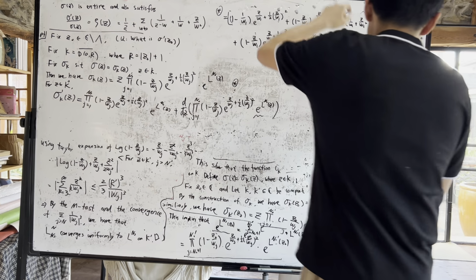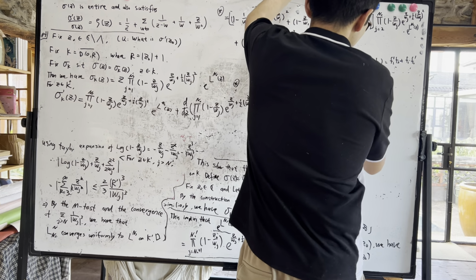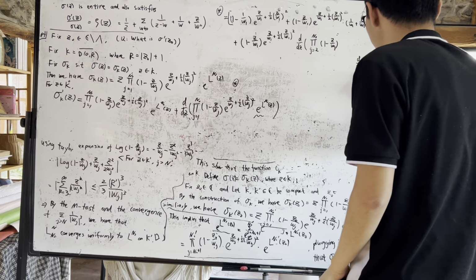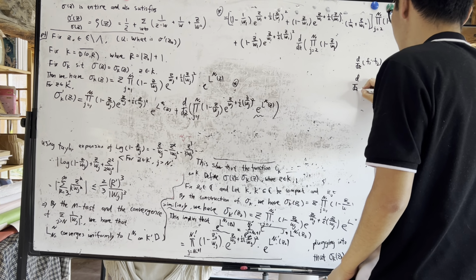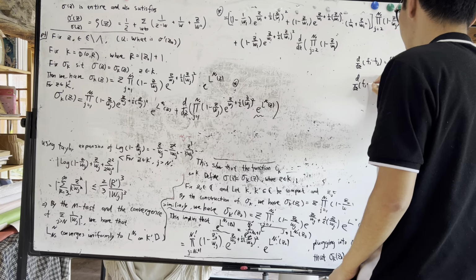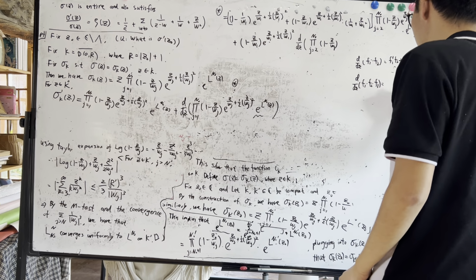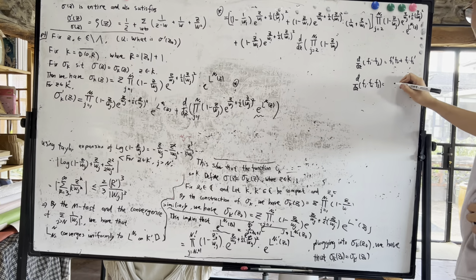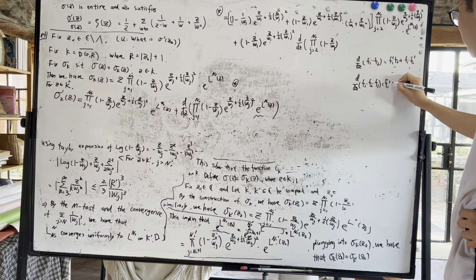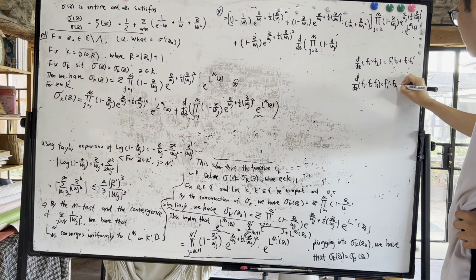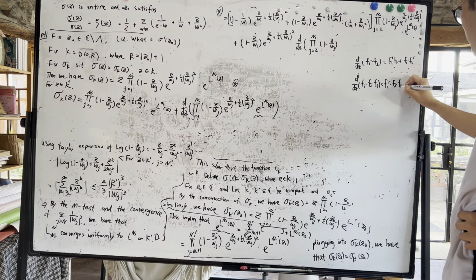Let's see for three variables. If we have d/dz of f1 times f2 times f3, which is equal to f1 prime times f2 times f3, right?